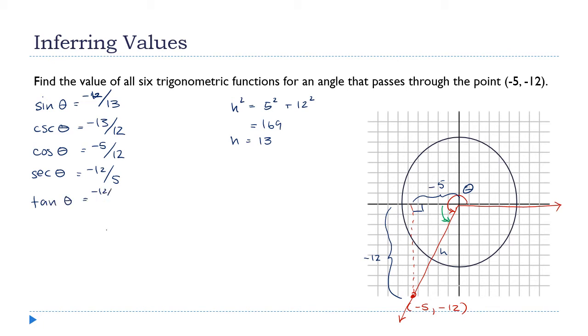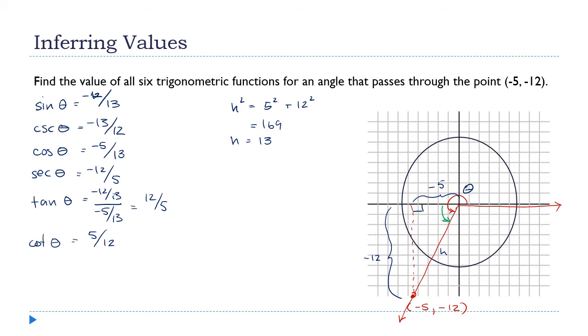So that's -12 thirteenths over -5 thirteenths, which is 12 fifths. And then finally the cotangent, flip the tangent over. It's going to be 5 twelfths. And there are my 6 values.